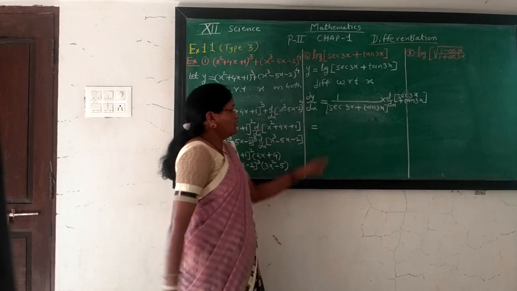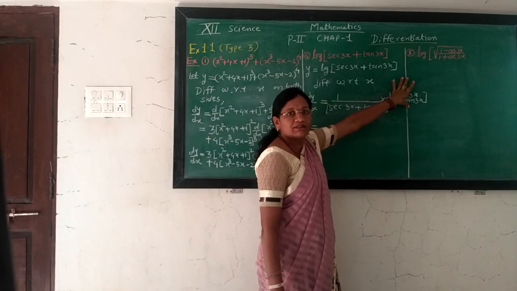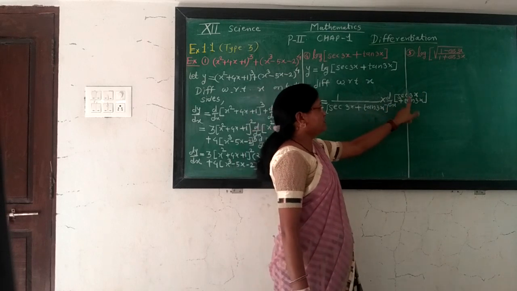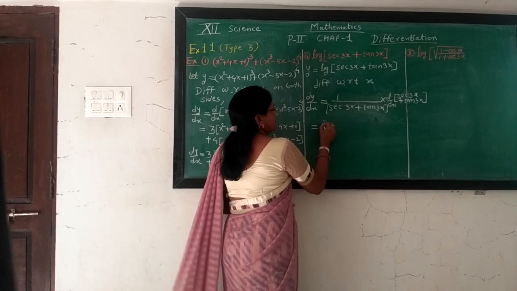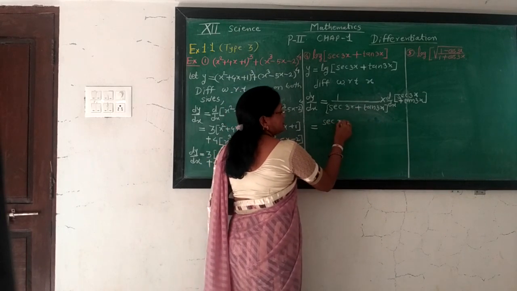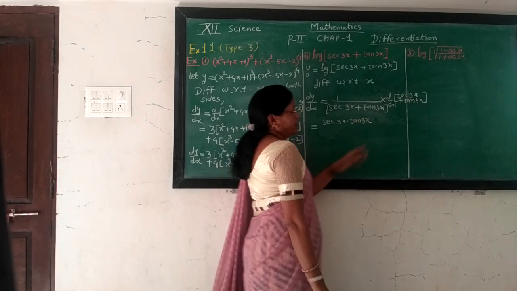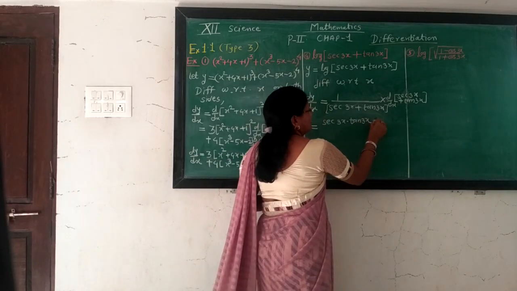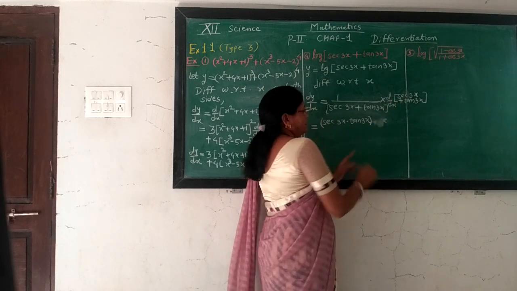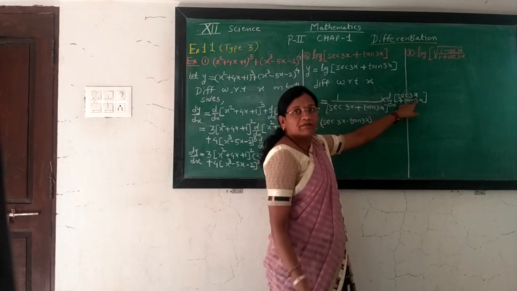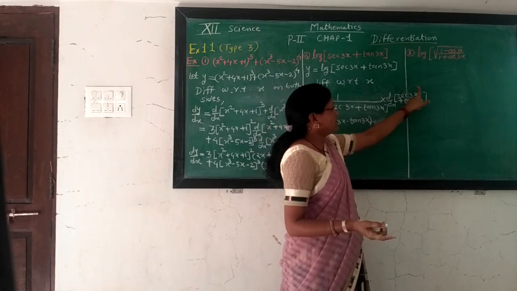So the value is 1 upon (sec 3x plus tan 3x) multiplied with the derivative of these two functions. So we write the derivative of these two functions. The derivative of sec 3x is sec 3x into tan 3x, and here we take the derivative of sec 3x but by the rule of composite function we multiply the derivative of 3x again.